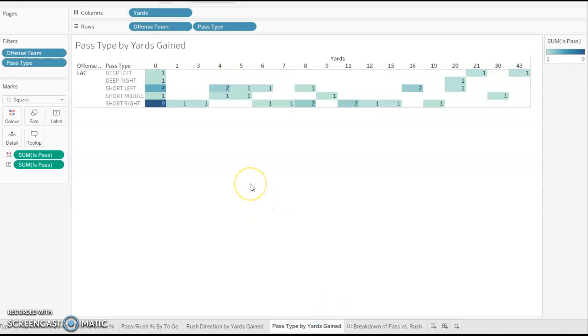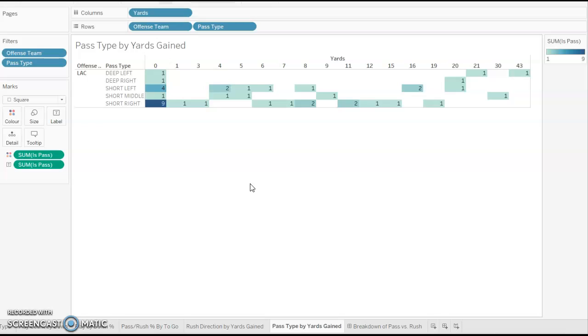Next I went into passing yards, pass type by yards gained. We can see here that they went short right a lot. This is what we were trying to get with the last graph, to show the distinct amount of times they would, if they threw it short right, they threw it there 9 times. That was one of the barriers that I had to try to get through.